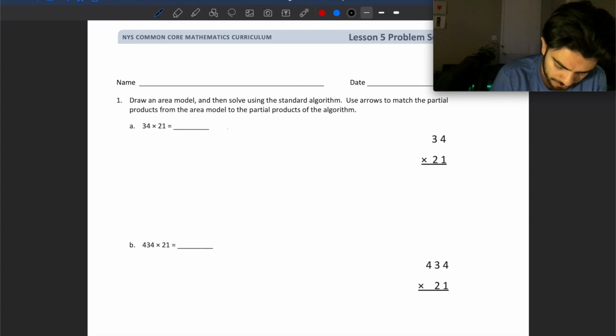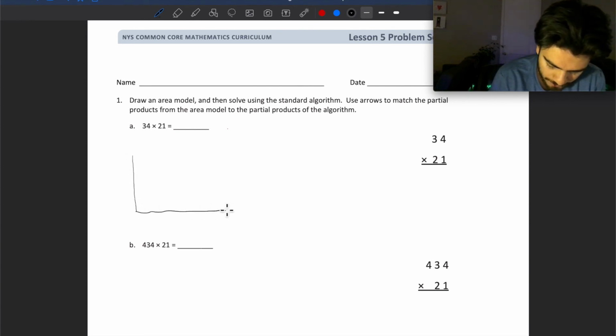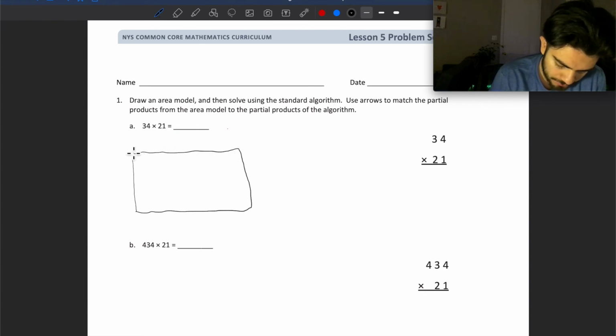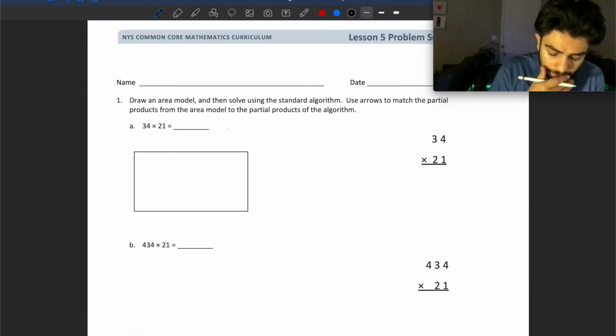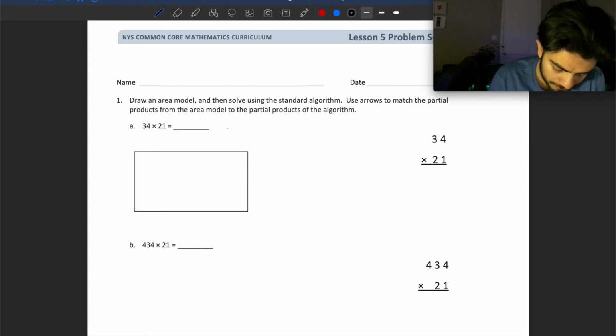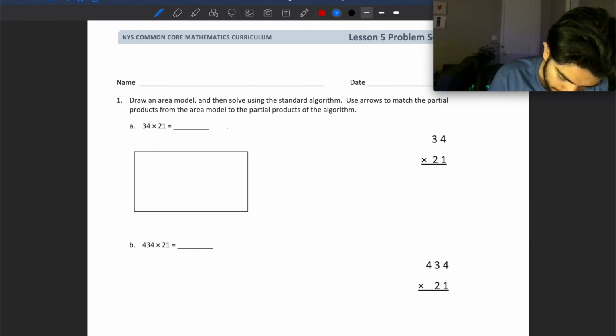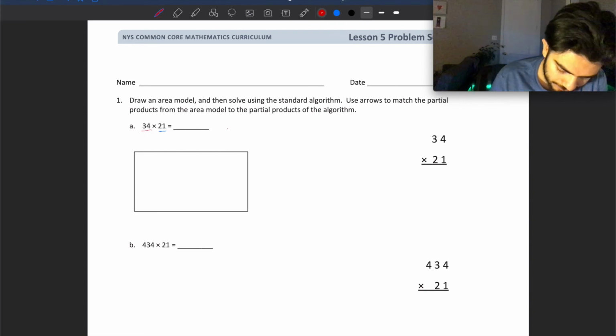Now, the first thing I'm going to do is draw my area model. And my area model is going to look something like that. Now, in my area model, what I want to do is the following. I am going to take this 21, and I am also going to take this 34.